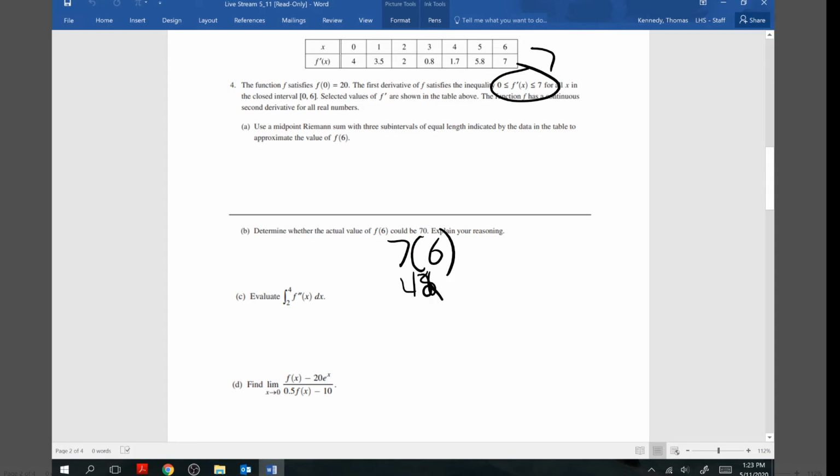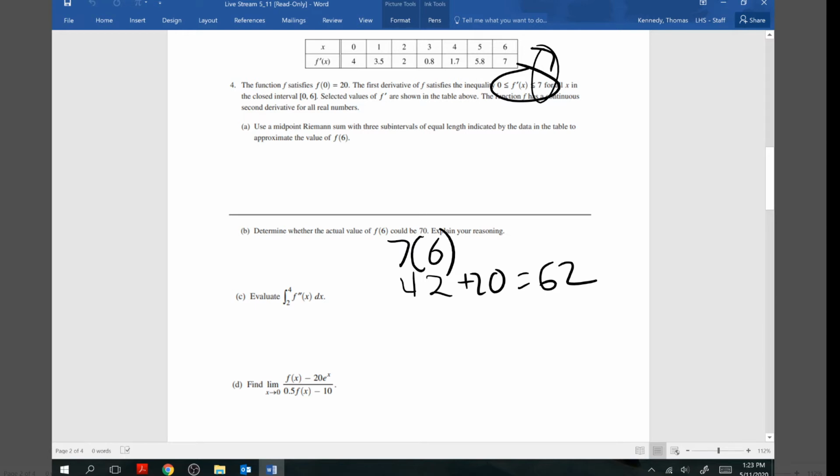Yikes, that was really fantastic math. It is 42. If I add that to 20, I get 62. So I can't even reach 70, even if I use the max slope for the entire thing. So yeah, for multiple reasons, the answer is no, it could not be 70. That was using the absolute max value possible there.